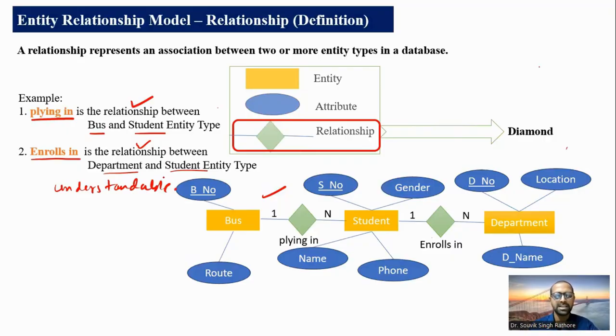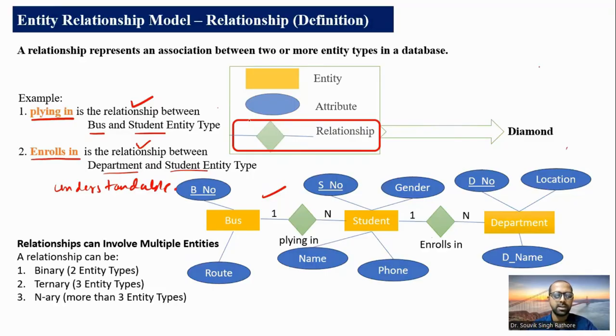Next, relationships can involve many entity types. A relationship does not necessarily have to involve only two entities. Depending upon the number of entity types participating in the relationship, we can classify relationships as unary, binary, ternary, or n-ary. A unary relationship will have only one entity type.